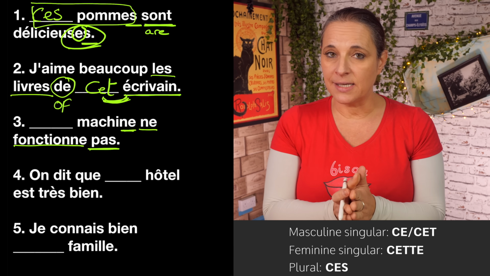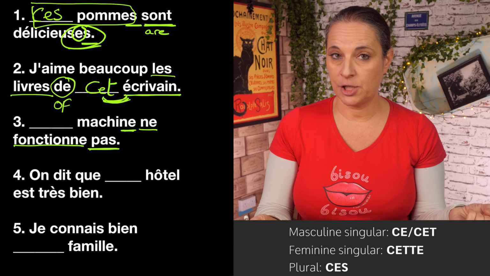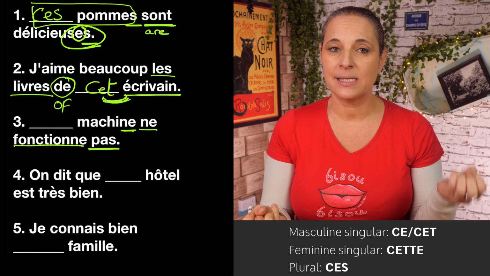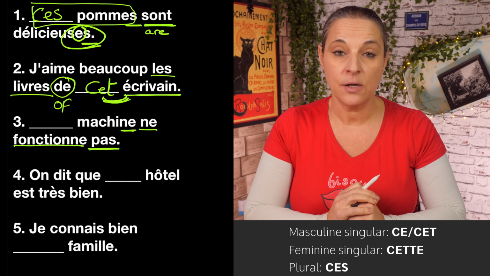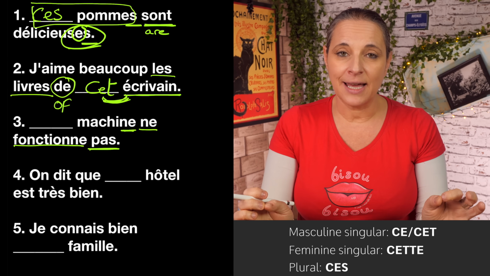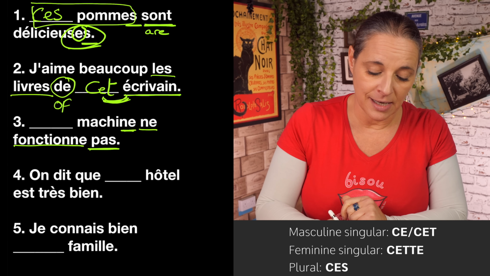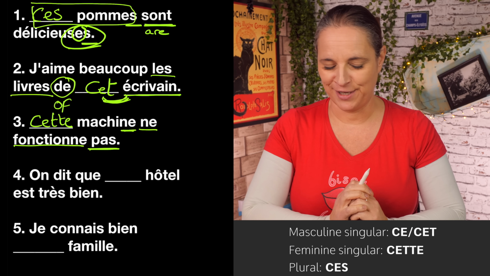So knowing this, what do we put? Ce machine, cette machine, or ces machine? It's not plural, is it? It doesn't have an S. So here it ends with an E, so it's likely to be feminine, and therefore we would put cette machine, okay?